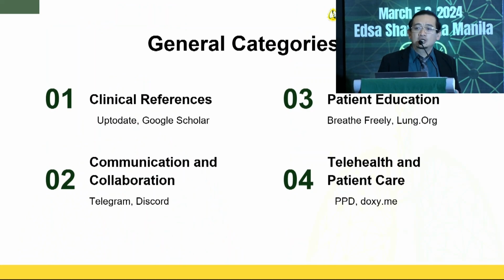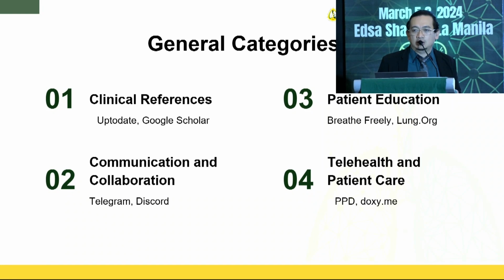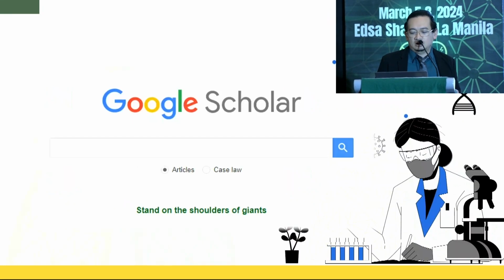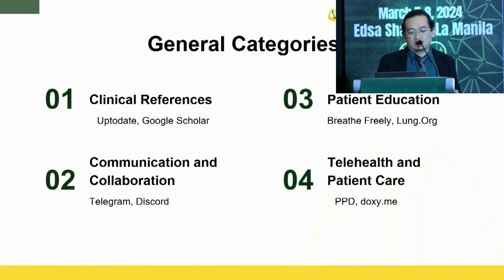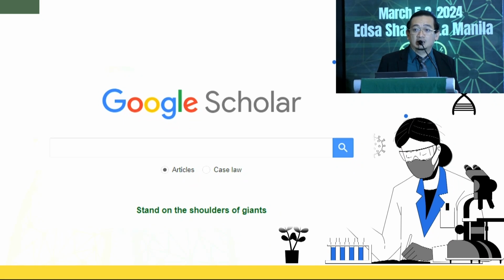First, Google Scholar. Dr. Gwen showed you earlier Google and how you can maximize the use of it. With Google Scholar, you can just go to Google, type in scholar.google.com, and find research papers. One good thing is that you can opt to find the free ones, and PDF-ready ones.